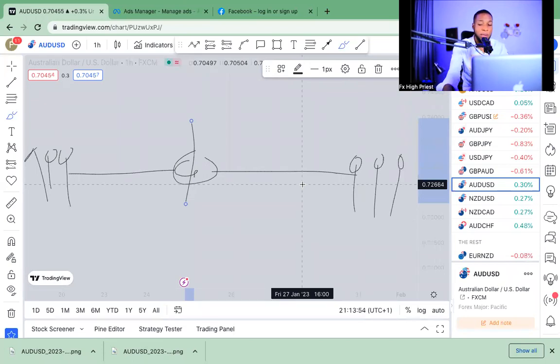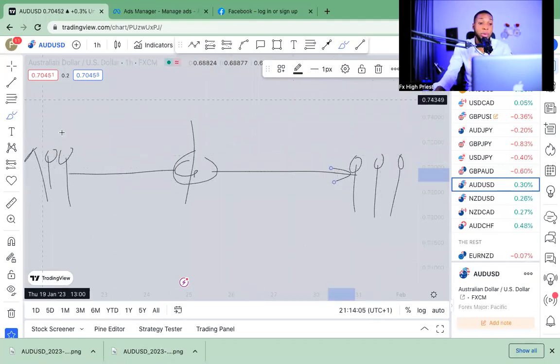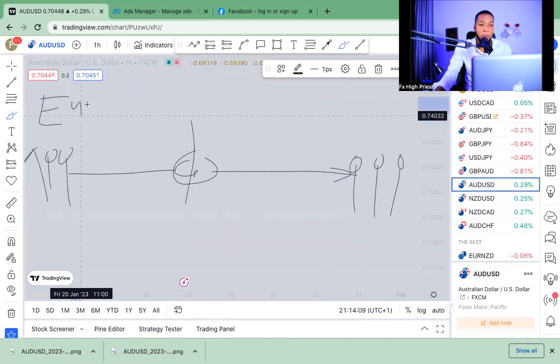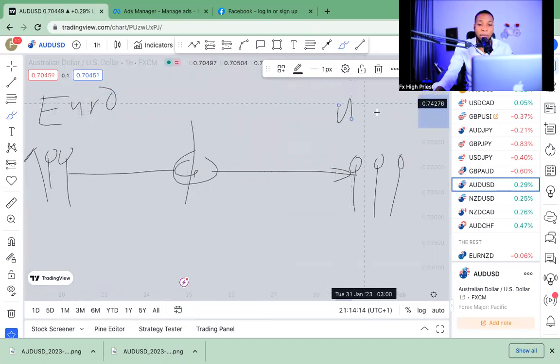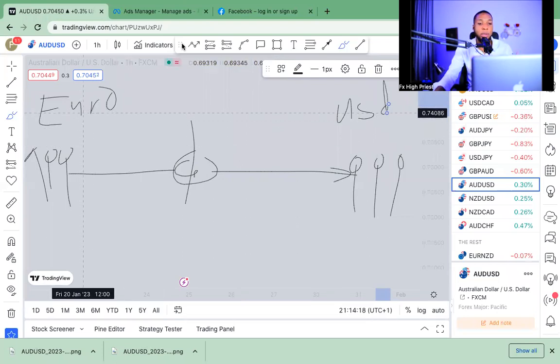That's what determines whether the market goes towards their direction. Let me use euro and US dollars. We have the euro, then we have the United States dollars on this side. This represents countries using the European currency.